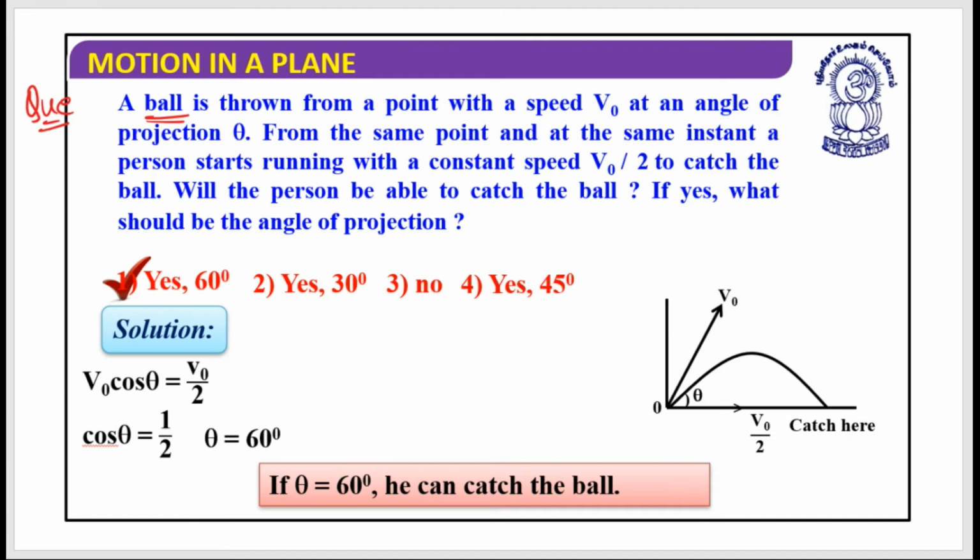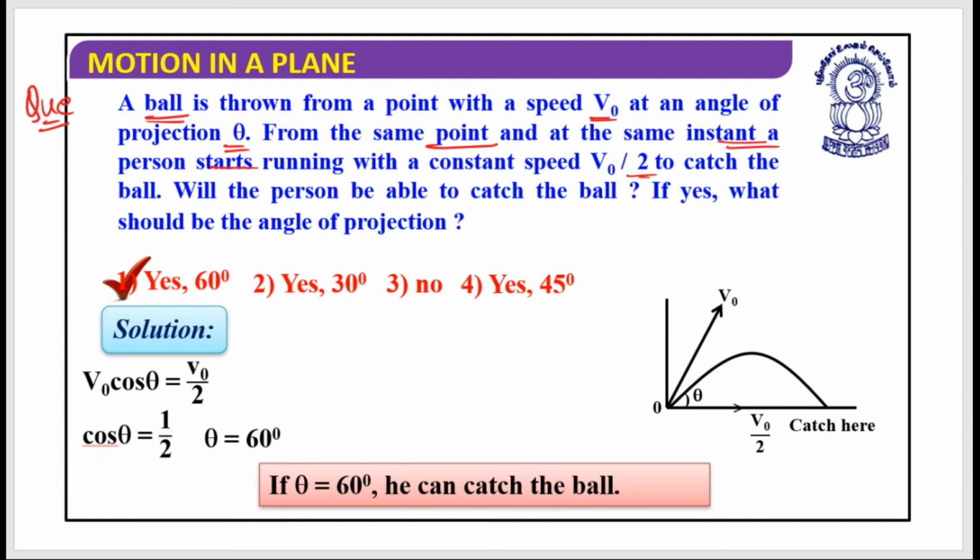If a ball is thrown from a point with speed v0 at an angle of projection theta, and from the same point at the same instant, a person starts running with a constant speed of v0 by 2 to catch the ball. Will the person be able to catch the ball? If yes, what should be the angle of projection?